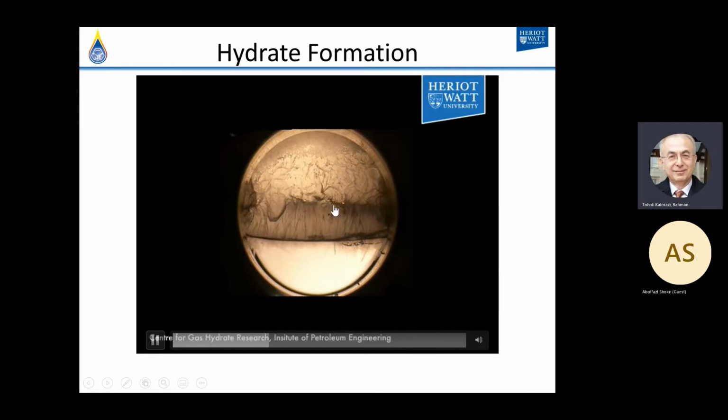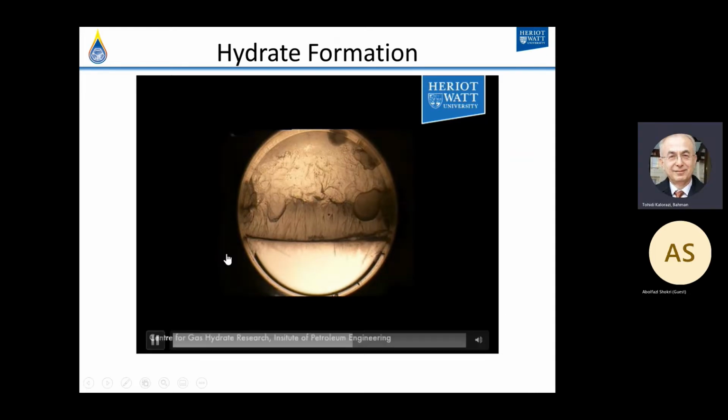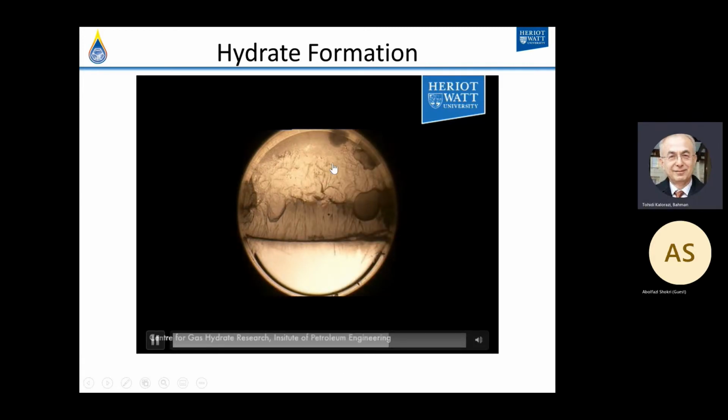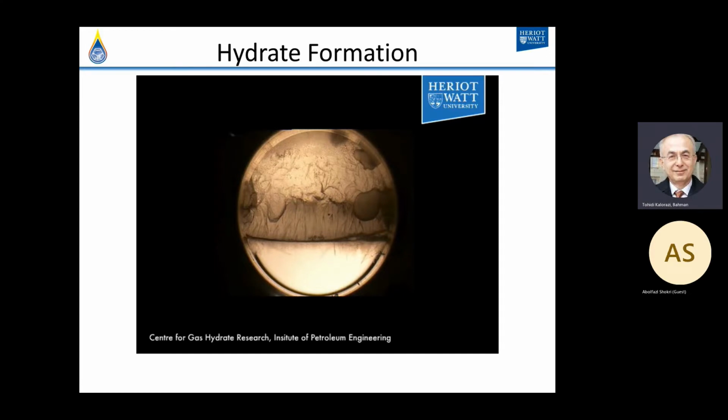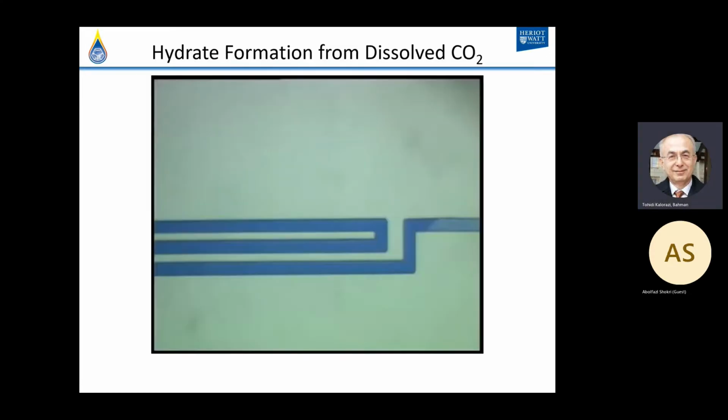And the diameter of the thermometer is 3 millimeters. So you can see that hydrate forms at the interface. And this is the water phase. And this is the gas phase. A layer of water is on the wall of the glass window. And as you see here, we form hydrate.